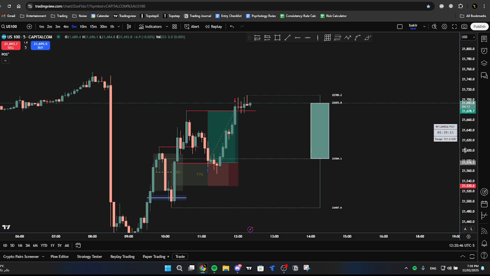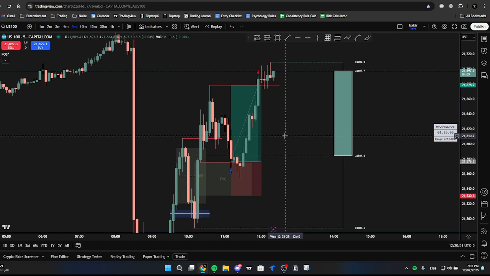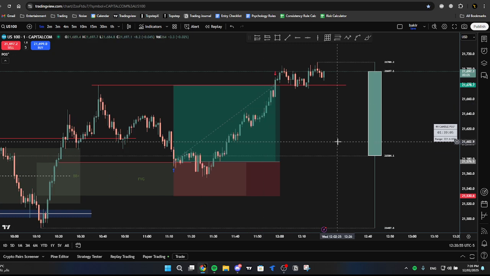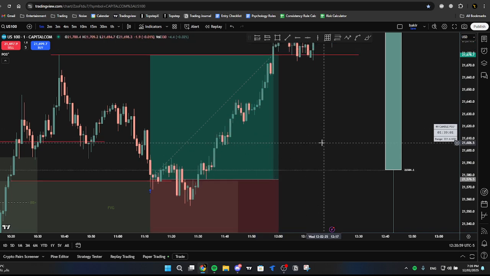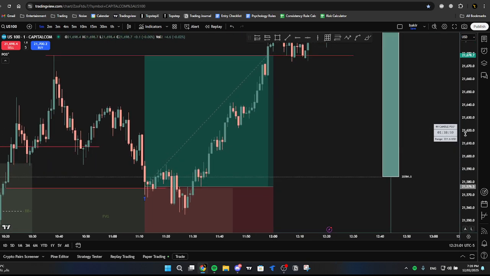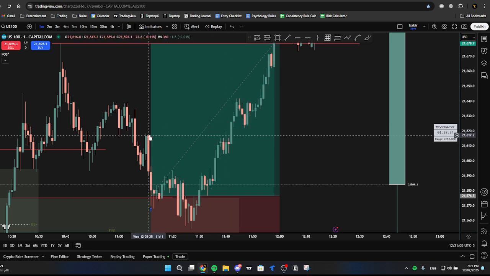So on the 5 minute, it happens on every time frame because of course price is fractal. So you can see this happening on the lower time frame inside of the trade as well. So you can see we took this external liquidity, so we had to rebalance price into this fair value gap.